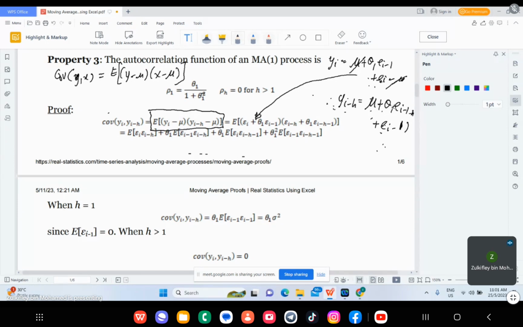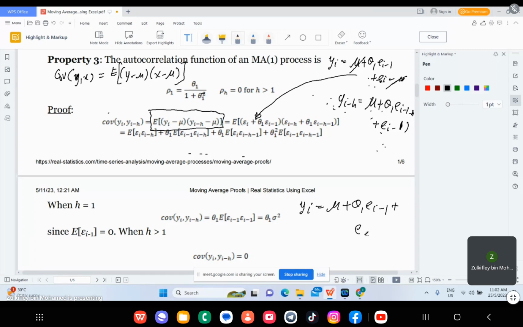So if you simplify this thing, you will have epsilon i minus h. Now Yi, if we refer to Yi, it is equal to mu plus theta 1 epsilon i minus 1 and epsilon i.